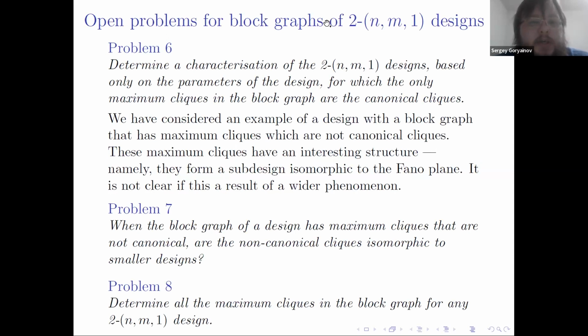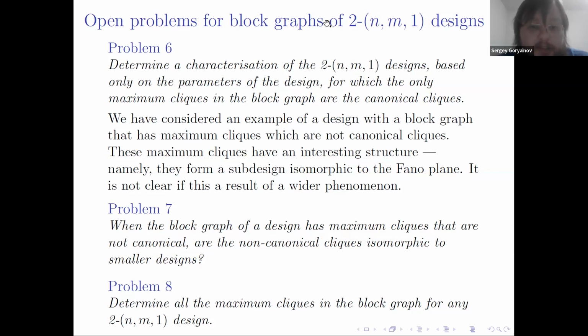And let us discuss some open problems for block graphs of 2-(n,m,1) designs. Problem 6: determine a characterization of the 2-(n,m,1) designs based only on the parameters of the design for which the only maximum cliques in the block graph are the canonical cliques. We have considered an example of a design with a block graph that has maximum cliques which are not canonical cliques.